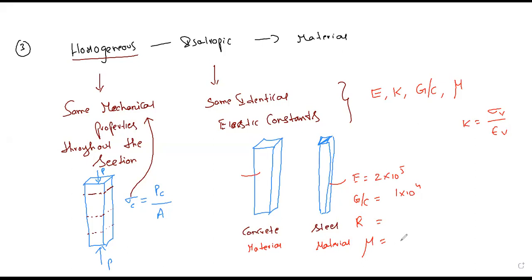It is somewhere in the range of 0.3 to 0.4. So like this, these are all elastic constants of steel.